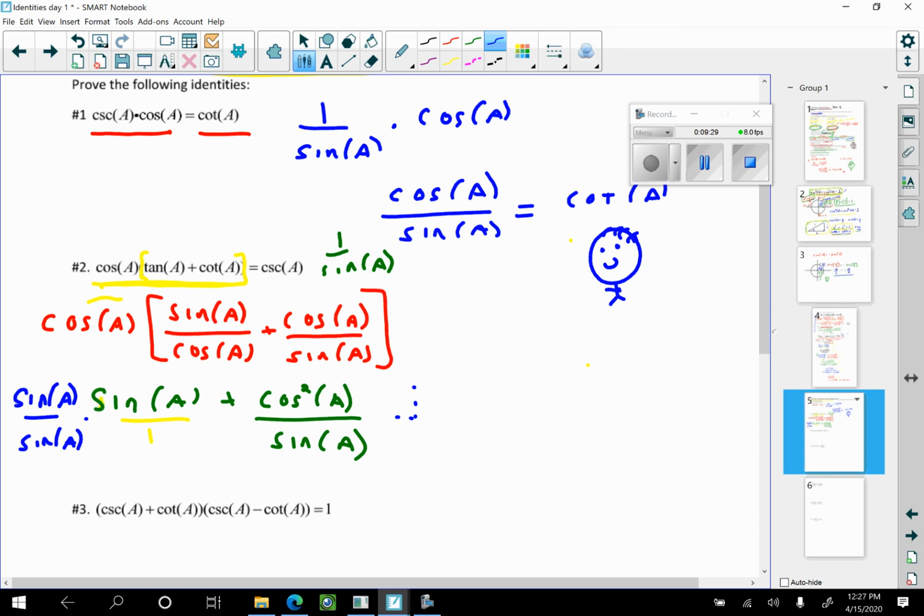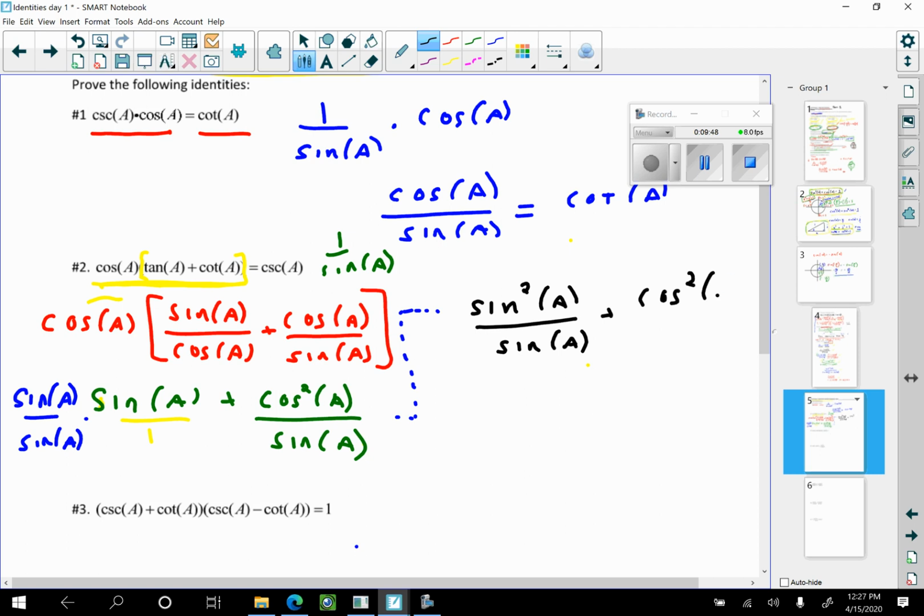And let's get rid of this funky guy right here. I'm going to need that room. Okay, so now what do I have? Sine of A times sine of A is going to be the sine squared of A over sine of A plus cosine squared of A over sine of A.